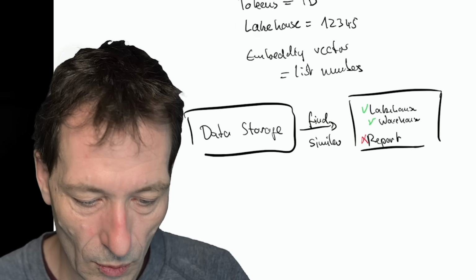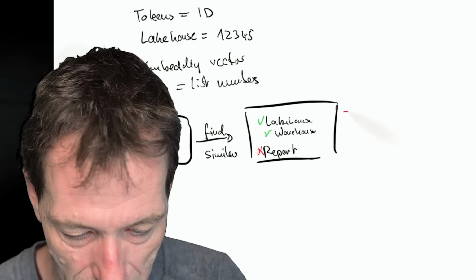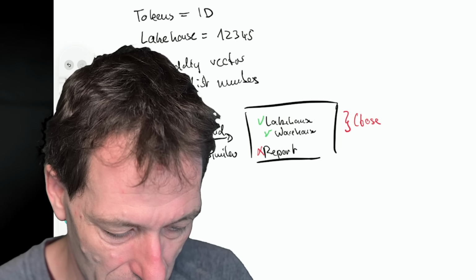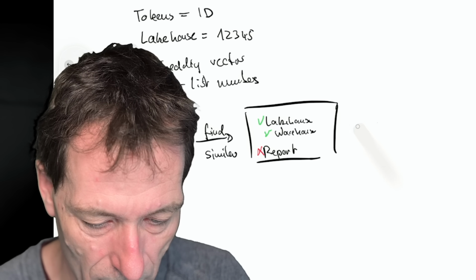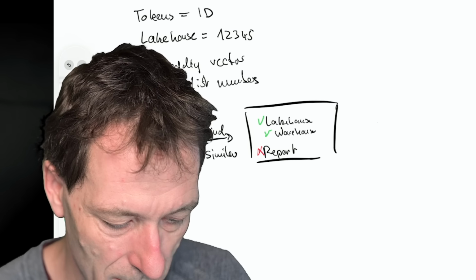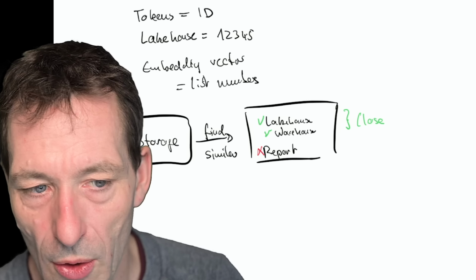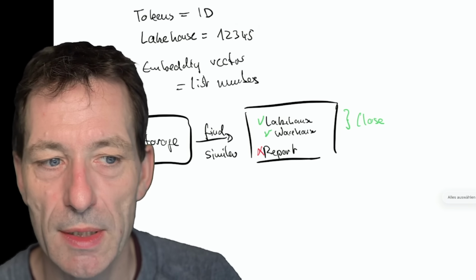So how exactly do we measure close? Let me draw that in green. It's much more logical. There you go. But how do we measure close? This is with cosine similarity.